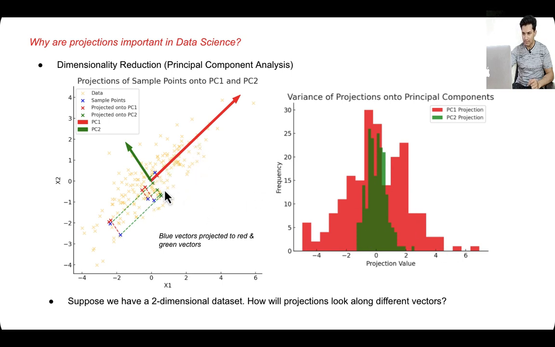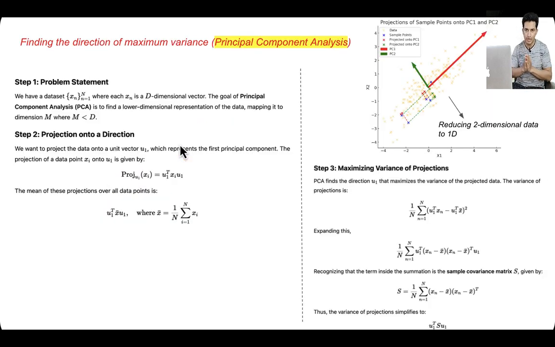But if multiple points are falling on the same point, or they are just in a small area, it means there is very little information we are able to capture. While if we are able to capture more information, more variance, then that is better. So that is the idea of principal component analysis. We want to find dimensions along which we should project our data points, so that the variance covered is highest, the information gain is highest.